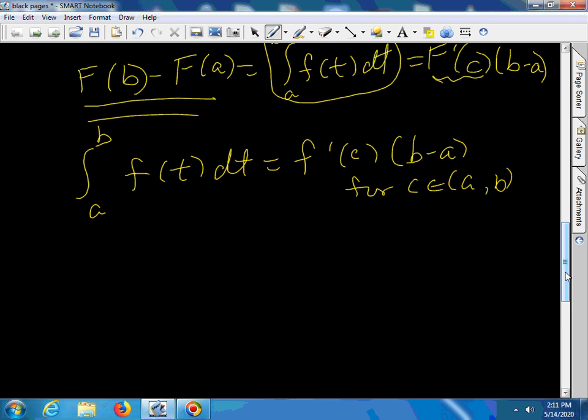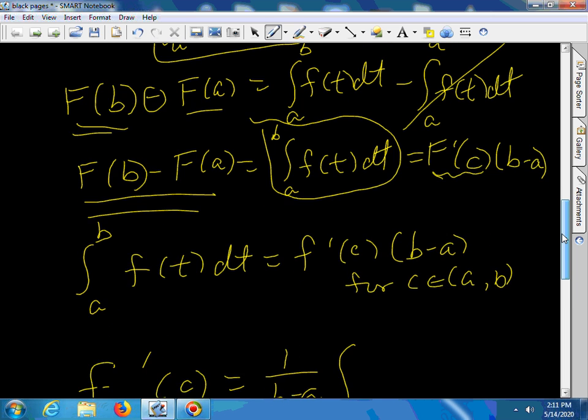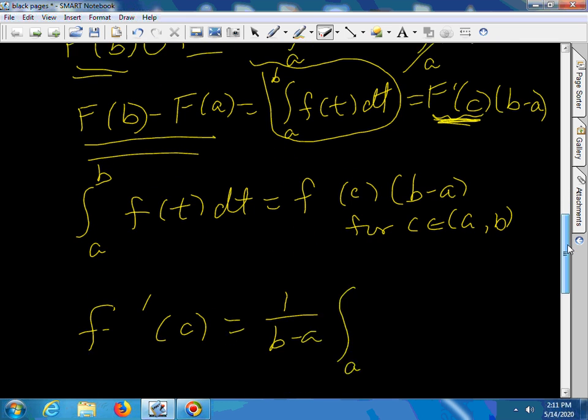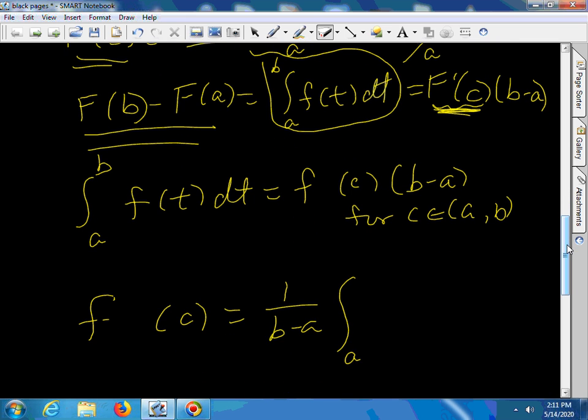Sometimes they divide both sides by b minus a, so we get f of c is 1 over b minus a times the integral from a to b of f(t) dt. I do have one typo: like I said, big F prime of c is just f of c, so there should be no prime there.